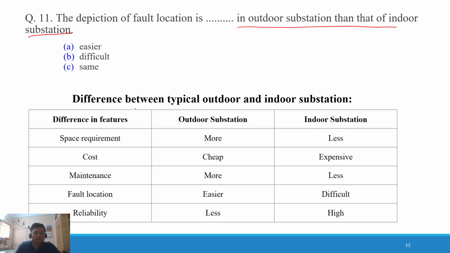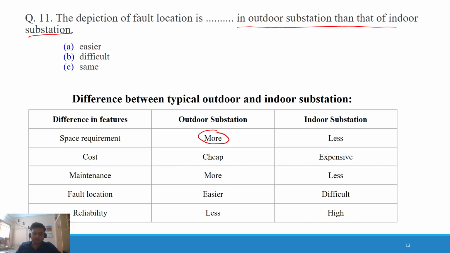Now if we see the difference between typical outdoor and indoor substations, in terms of space, an outdoor substation requires more space than an indoor substation. And the cost of an outdoor substation is cheaper than an indoor substation.